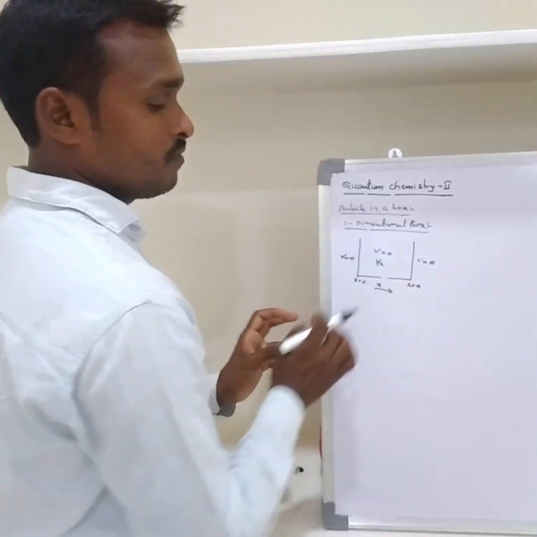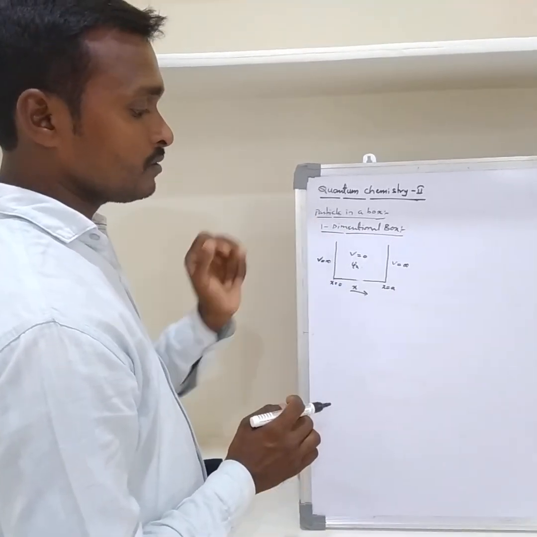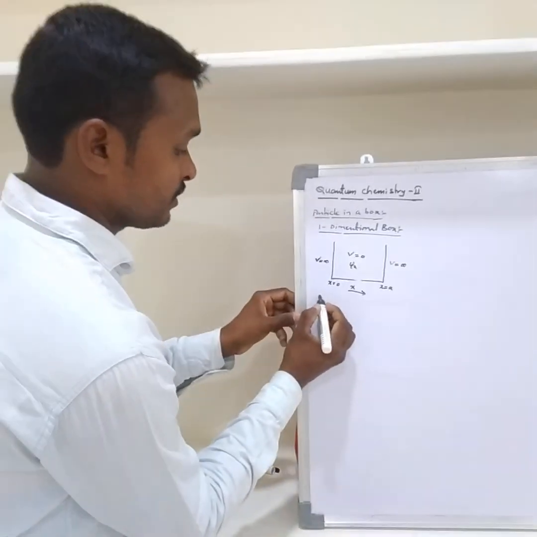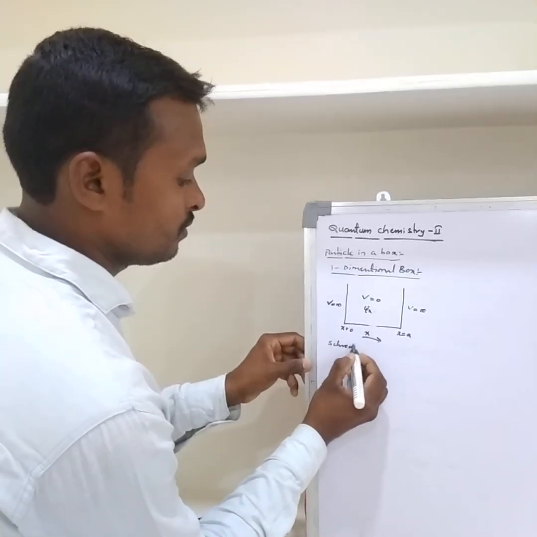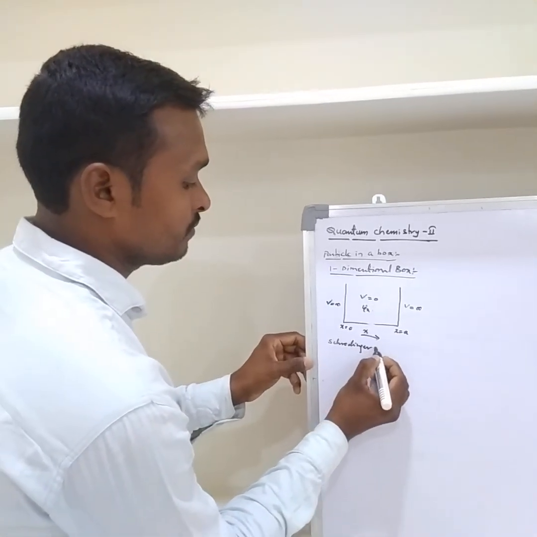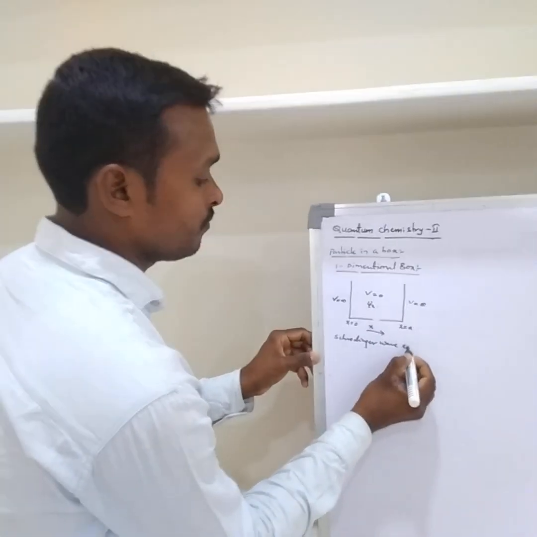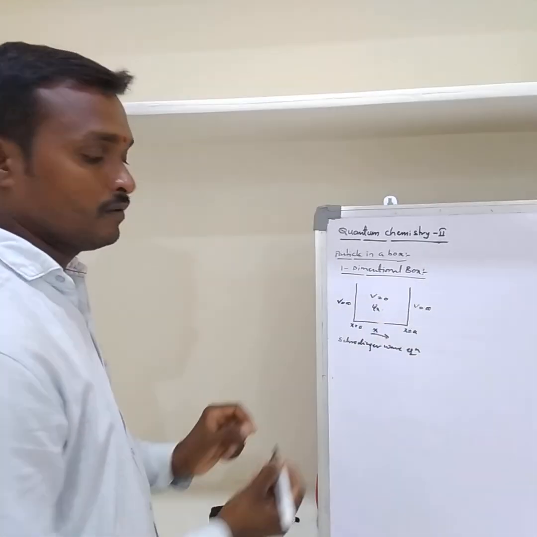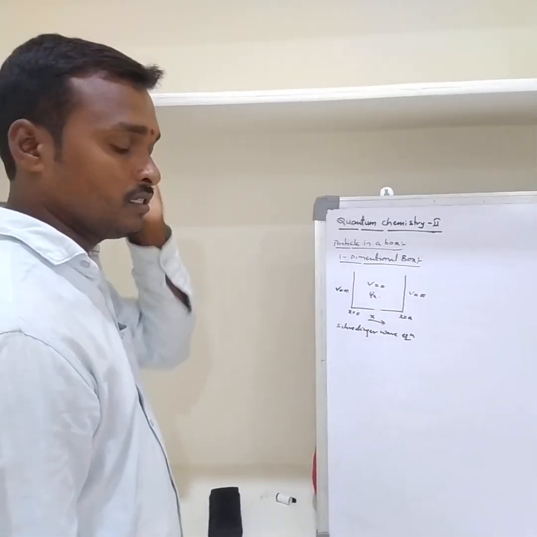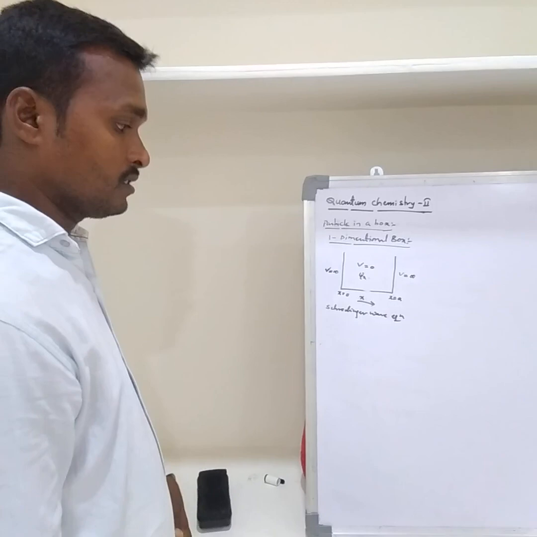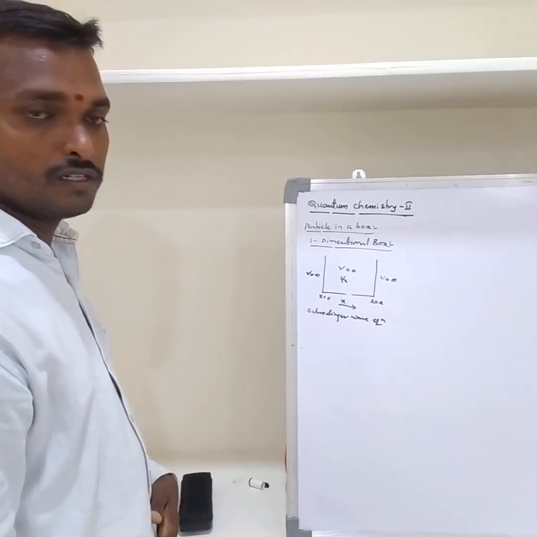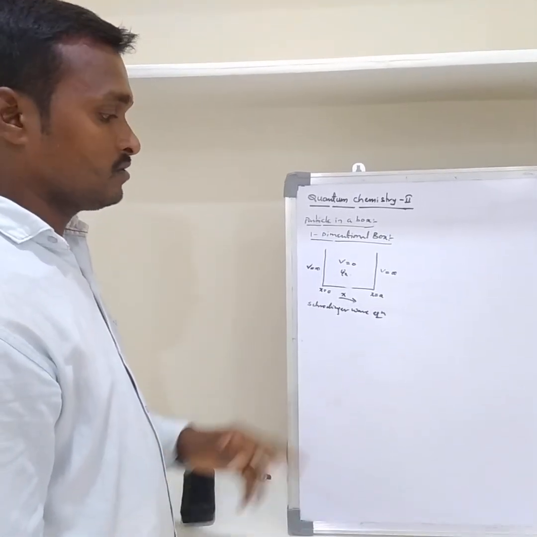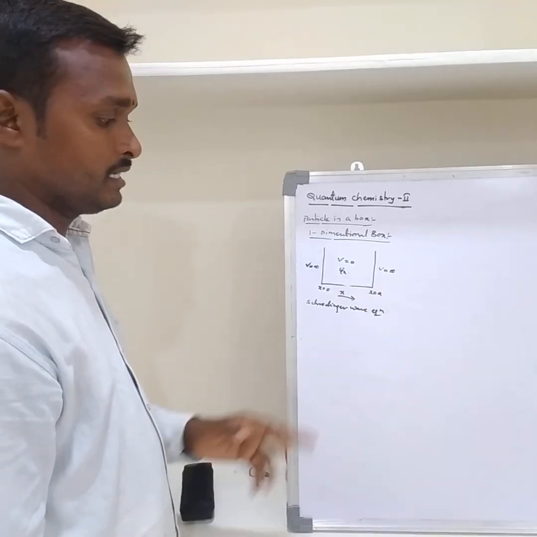To solve this one-dimensional box problem, we need the Schrodinger wave equation. We know the three-dimensional Schrodinger wave equation: dou square psi by dou x square plus dou square psi by dou y square plus dou square psi by dou z square plus 8 pi square m by h square into E minus V psi is equal to 0.